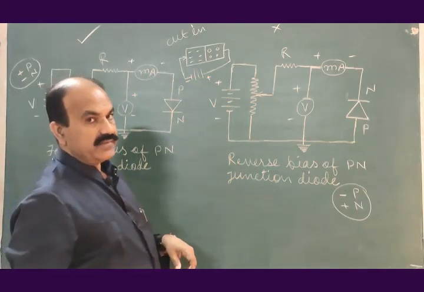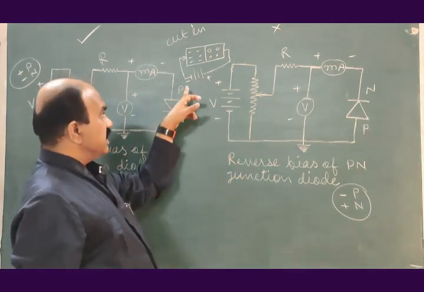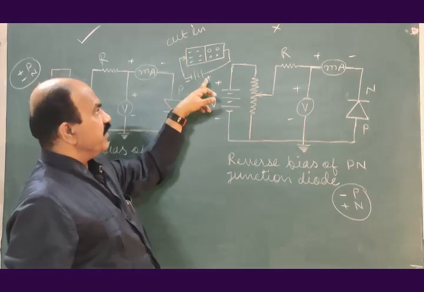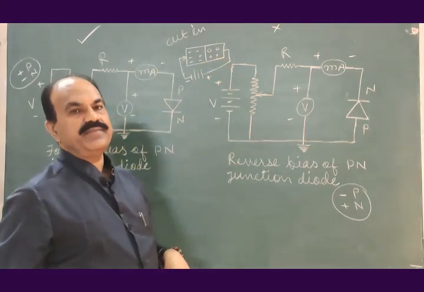When we apply forward bias, negative voltage is given to N type, positive voltage is given to P type.